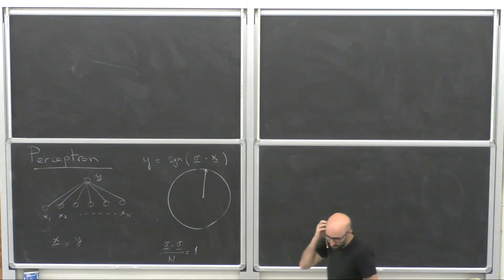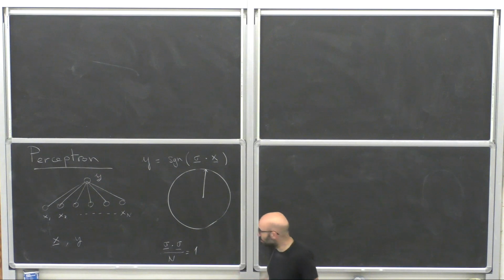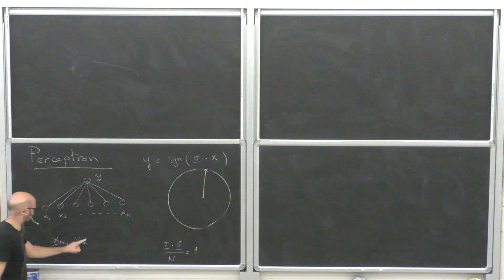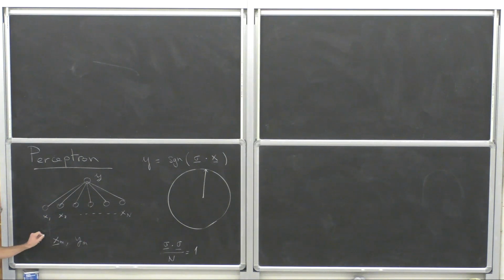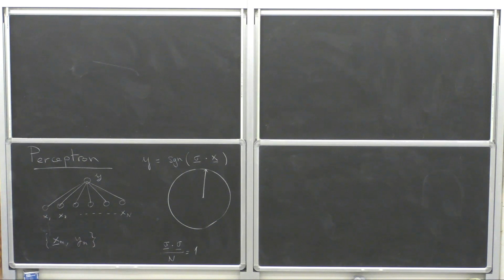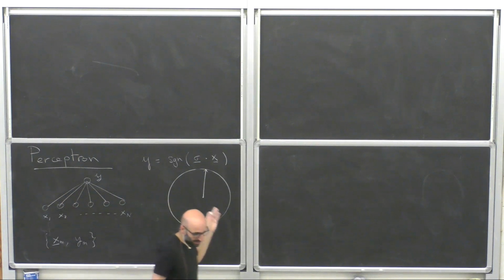And what do I want to do? So let's say that I have many images with their labels, and I want to learn sigma in such a way that I can classify them.